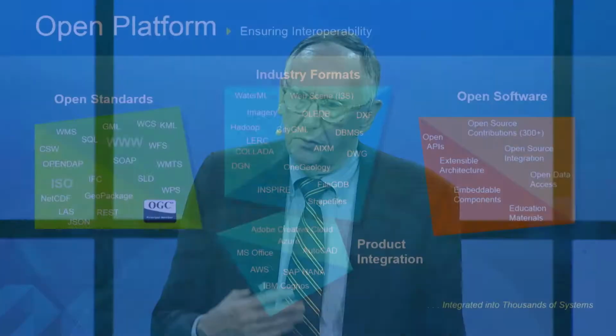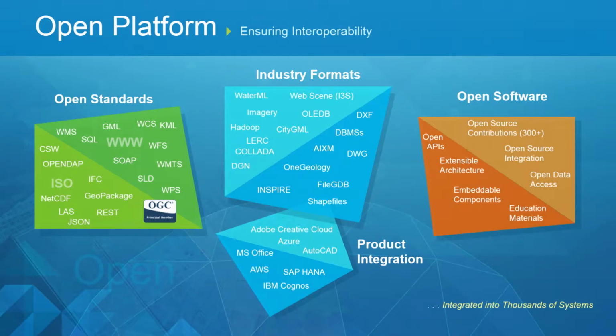And the third is to be a strong open software platform. And here, with open APIs and open source contributions and open data access, being able to have people access our data and download it for their own use, as well as having extendable architecture and embeddable components, like we have in CJMTK and other ones here in the federal government, helps a lot.